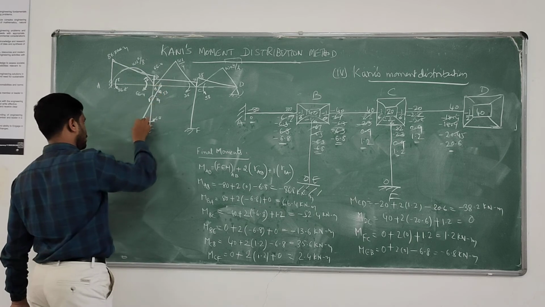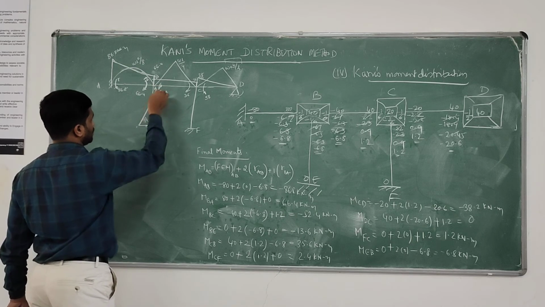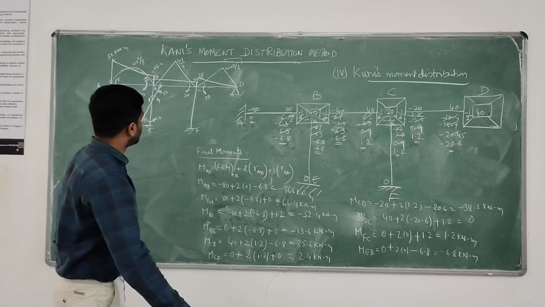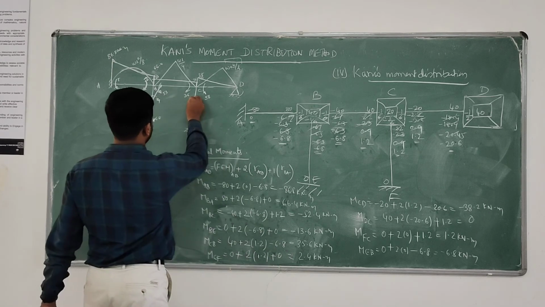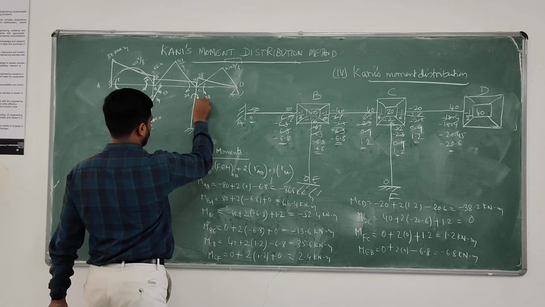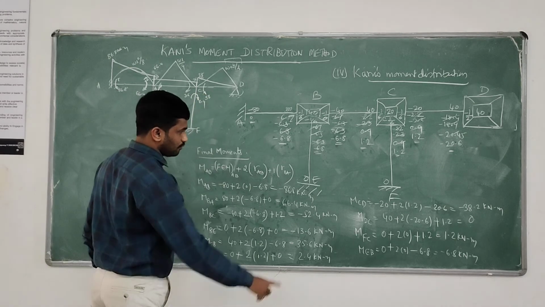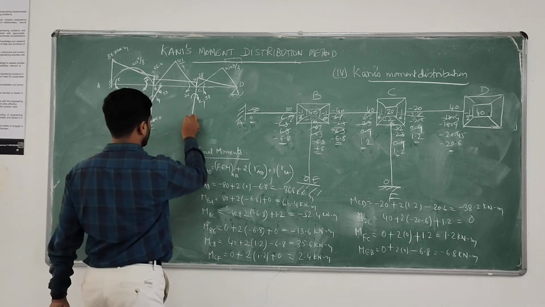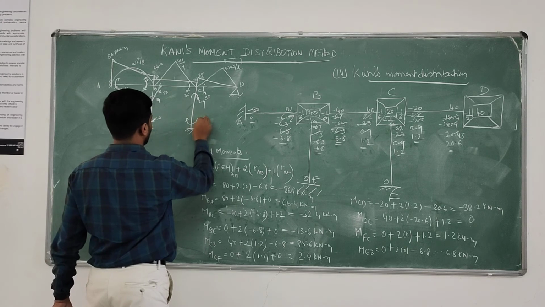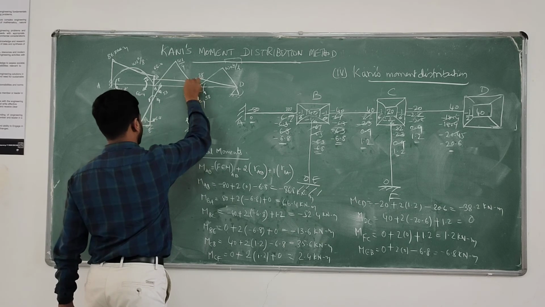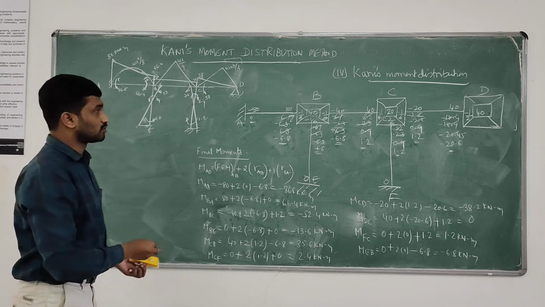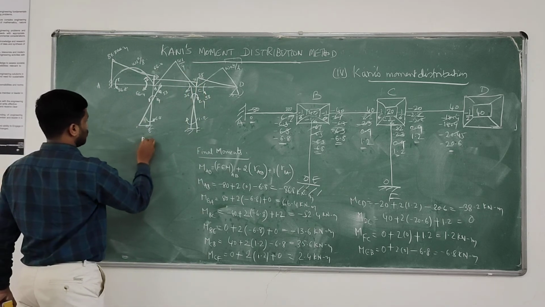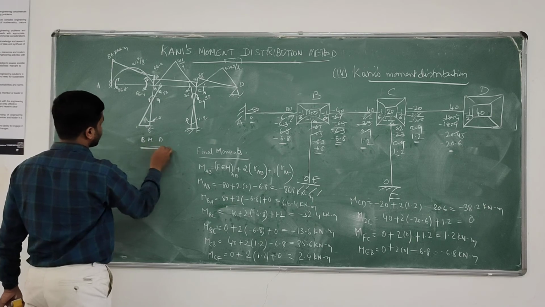So just join here. This is 6.8 and this is 14. Similarly, CF. CF is clockwise 2.4 and FC is also clockwise 1.2. Here to here. This is 1.2, 2.4.